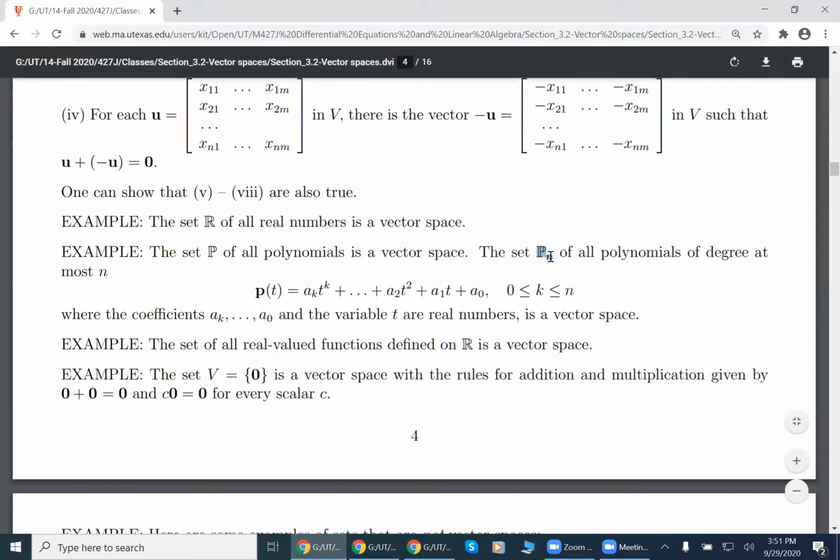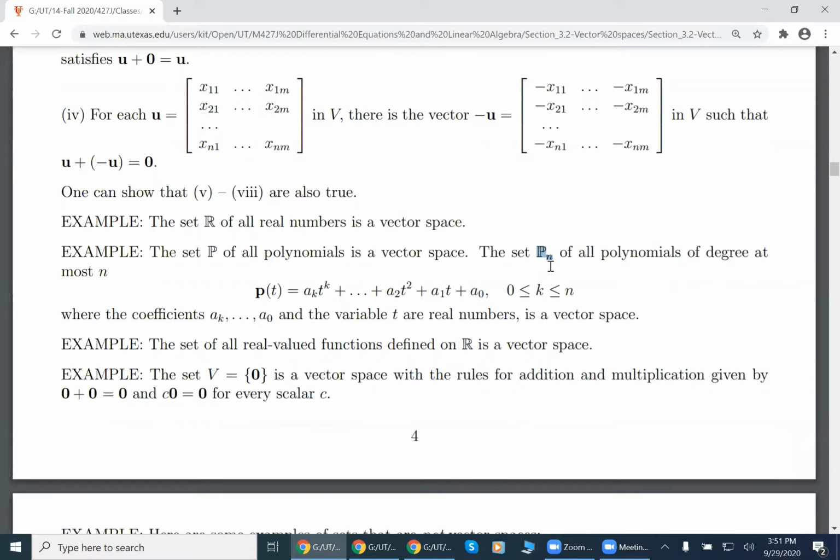We consider P0 or the set of all polynomials of degree 0. This is the same thing, and therefore it's a vector space. P0 is equal to R. P0 is the set of all real numbers, which is a vector space.